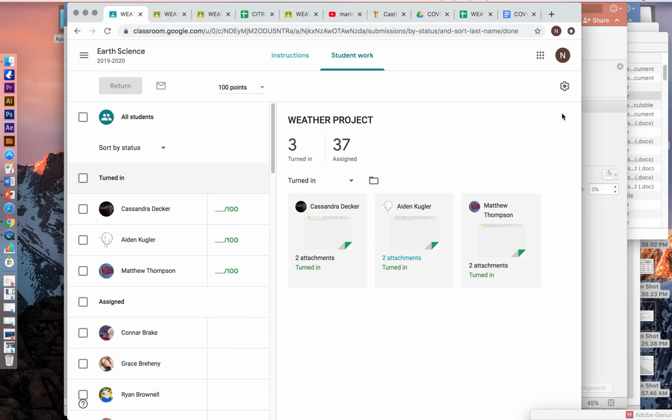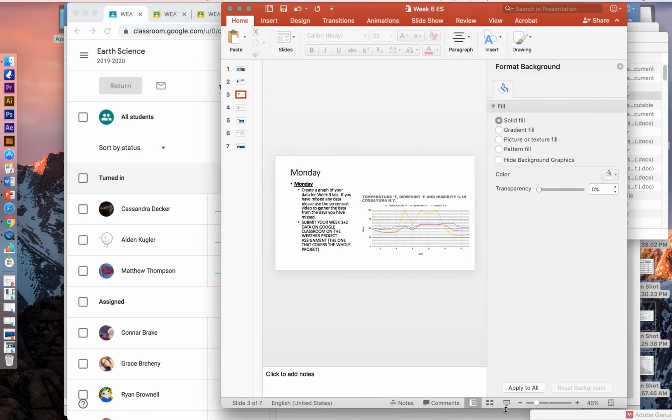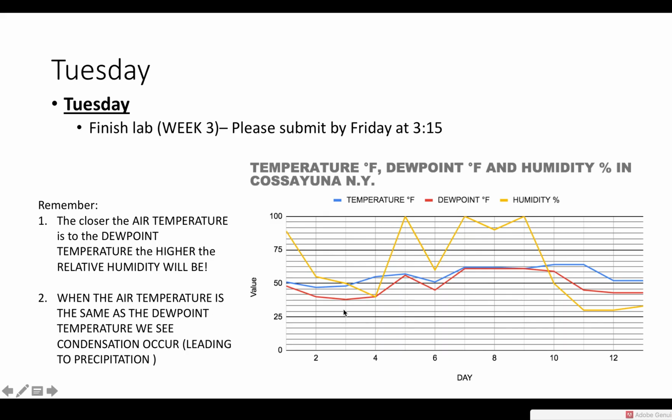Let's take a peek here at the next couple of days that we have. Tuesday, I want you to try and finish up the lab. Again, the graph is going to be most of it. You're going to have a few questions on interpreting the graph, and I will be posting that when this video is over. Okay, again, remember, in terms of my graph, the closer the blue and the red line are together, the higher the humidity.